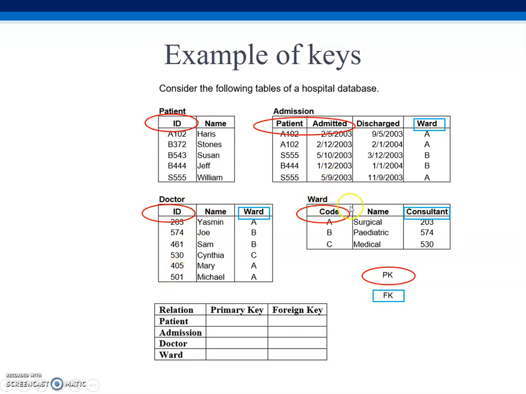Now for ward as well, even though it's very unlikely that the ward name repeats, if we want to choose something that is a more efficient kind of PK, we will go for the code. So the rule of thumb of choosing a PK, we will look into things like the ID.